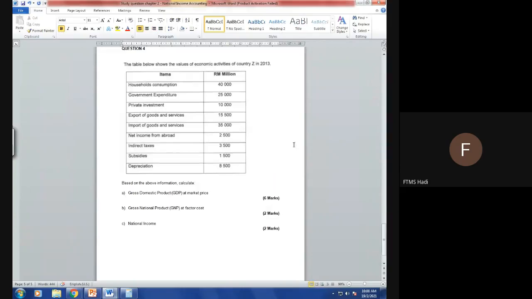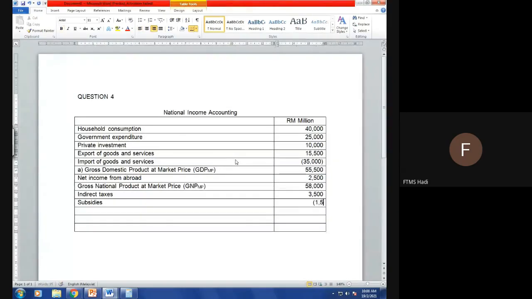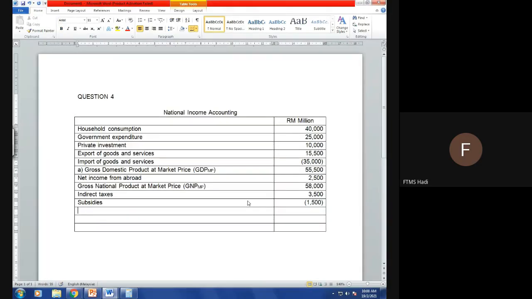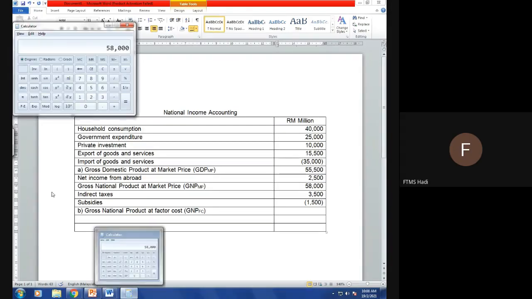Then here we go, you get the answer for question B, gross national product at factor cost. So you press the calculator: 58,000 plus 5,000 less 1,500.